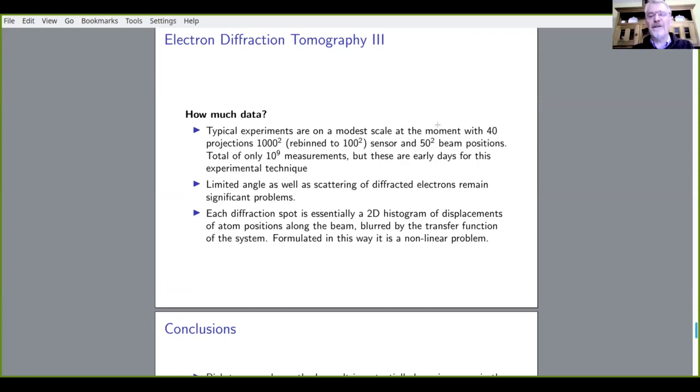They raster scan 50 beam positions. Imagine, actually, this is a much smaller sample. It's a tiny crystal of silicon. So they might be doing 10 to the 9 measurements with 40 projections at different angles. But this is early days. It's just beginning to be done experimentally.